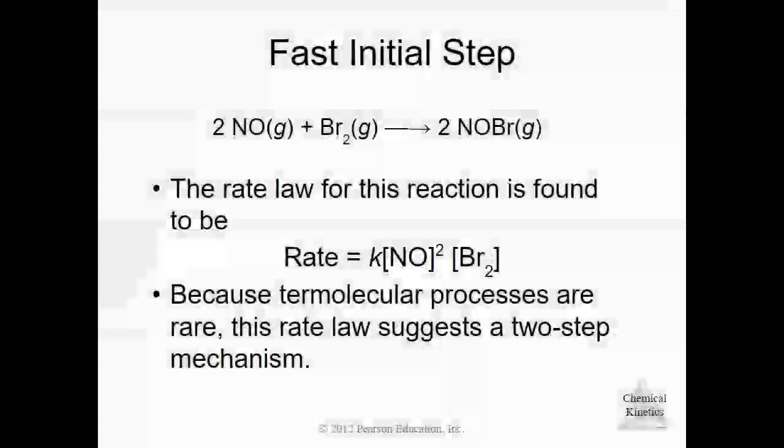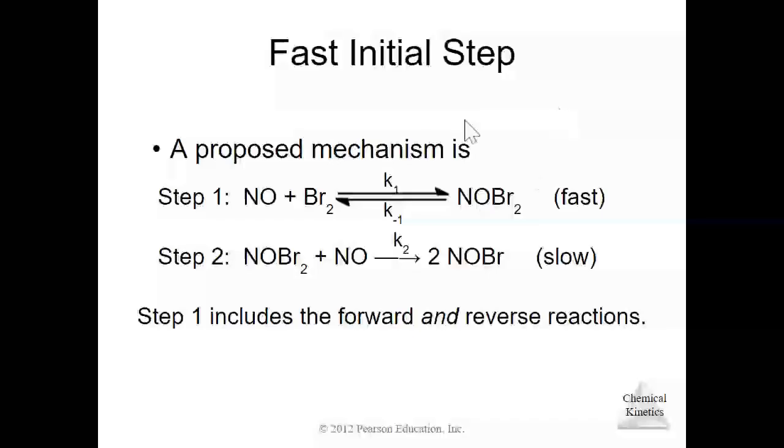When we have a fast initial step, there is more work to be done. So here is the proposed mechanism for that. So we have NO plus Br2 produces NOBr2, and this is labeled as the fast step. And you should note that this is a two-directional arrow, and we haven't covered equilibrium yet, but all that means is that these reactants produce this product, but then this product turns around and goes back to these reactants.